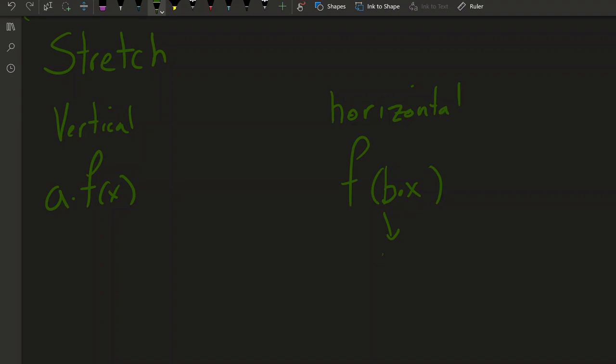So this will horizontally stretch by a factor of 1 over b, the reciprocal of whatever that number is right there.